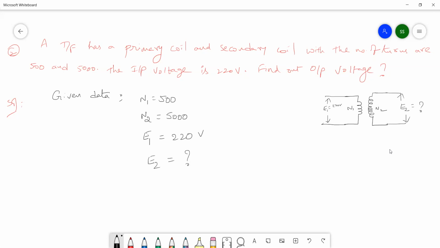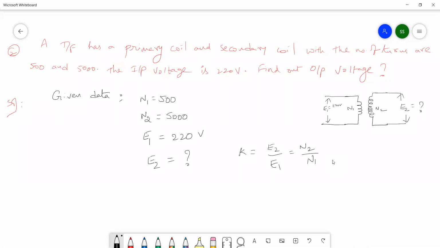So what is the formula to calculate? 4.44 f phi m N. No need to go for that, ma. You have to utilize the simple formula, voltage transformation ratio, K. K is equals to E2 by E1 is equals to N2 by N1.